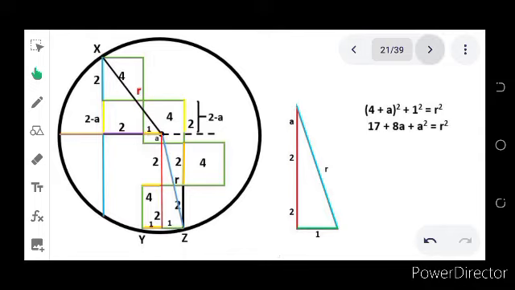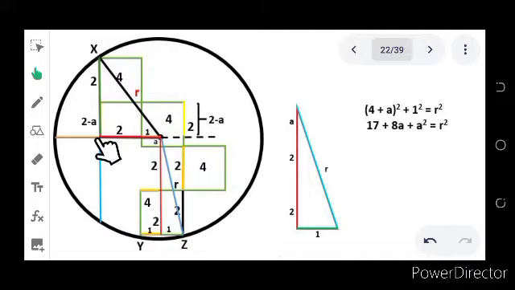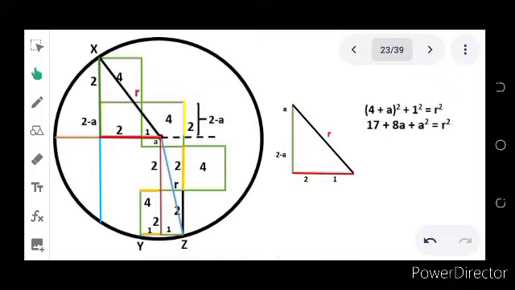Now we consider this triangle here. This is another right triangle. The green one has sides of 2 minus A and 2, so that is 4 minus A. And then 2 and 1, that's 3.